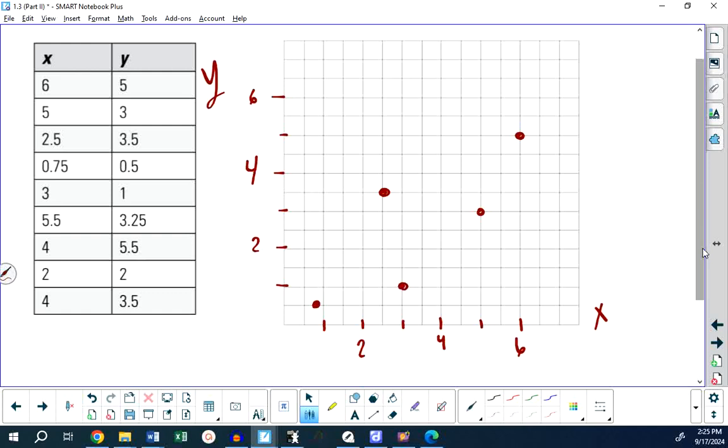Ooh, I'm thinking really weak so far. 5.5, 3.25, 5.5. 1, 2, 3.5. 3.25 would be here. 4, 5.5. 2. 4, 3.5.